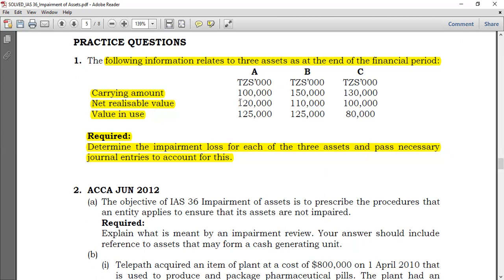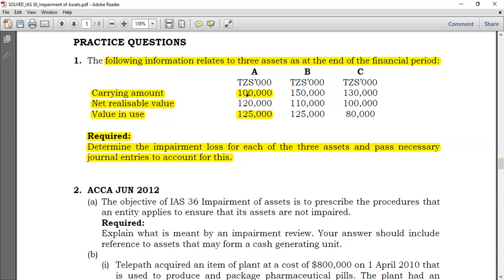For A, you compare 120,000 to 125,000. What is the higher amount? The higher amount is 125,000. You compare 125,000 against the carrying amount. Remember, the carrying amount is the amount that would still be in the statement of financial position prior to the impairment review.